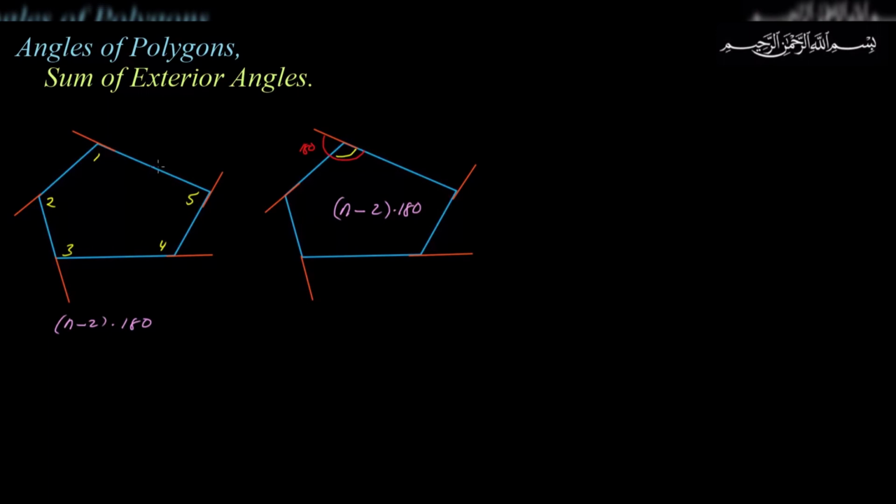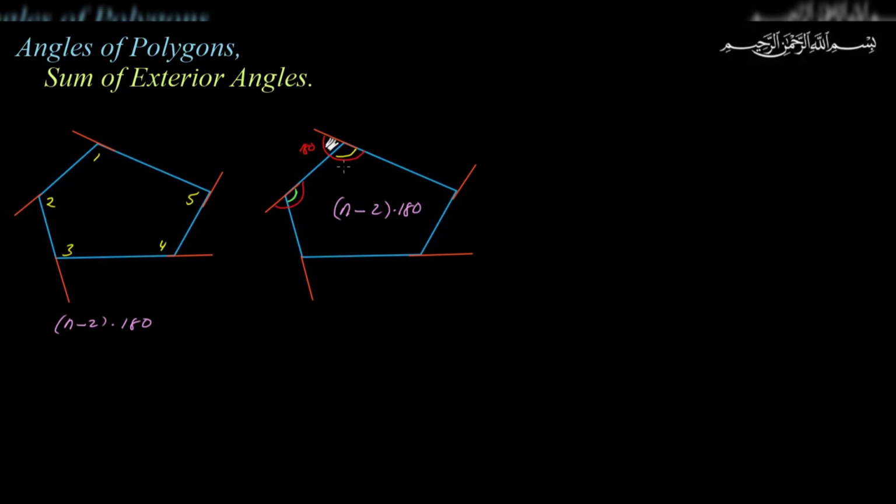So if I were to draw another interior angle here, the whole thing is going to be 180 degrees, and the exterior angle is going to be over here, and the interior angle again is part of the whole thing. So for every vertex, the total is 180 degrees.